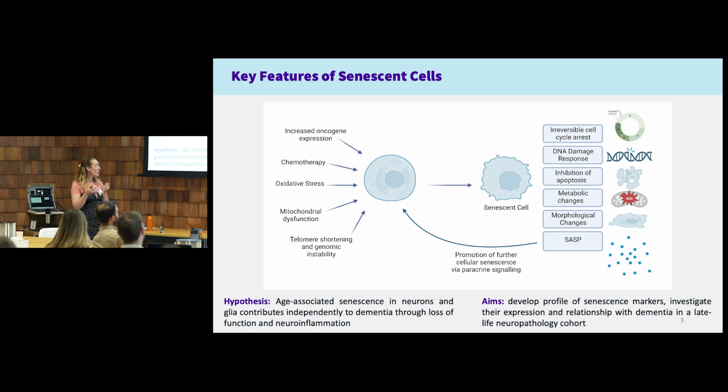This leads to our hypothesis that senescence in the brain contributes to dementia, potentially through loss of function in neuroinflammatory mechanisms. So our aim for this project was to develop a profile of senescence markers to investigate their expression and then their relationship with dementia in a late life neuropathology cohort.